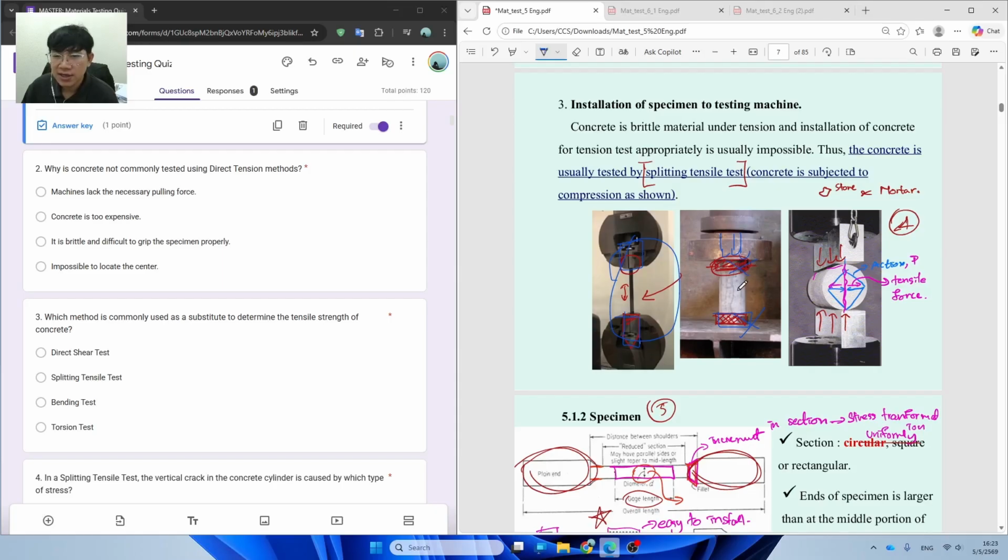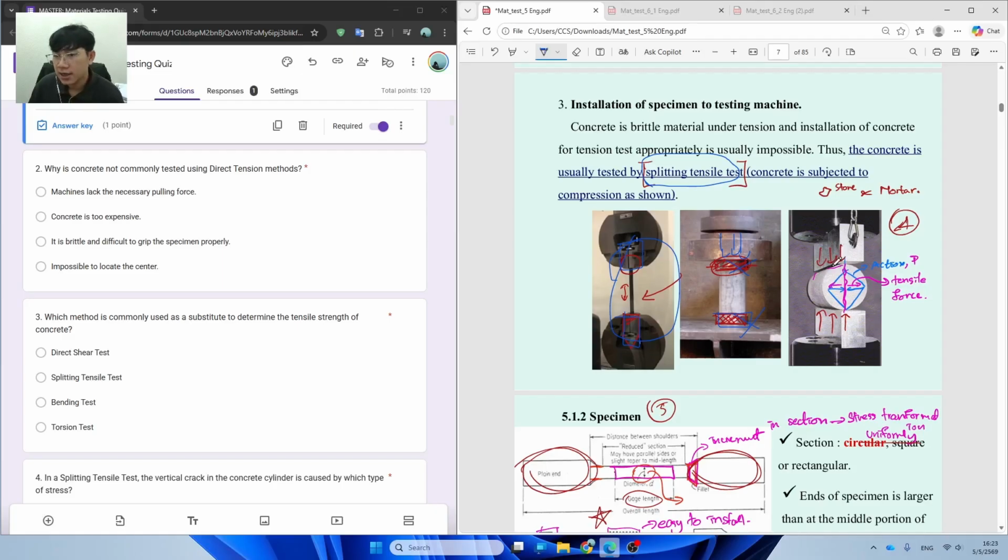So to get the tensile strength of the concrete, we use a test called the splitting tensile test, which is going to lay the cylindrical sample like this on the figure on the right, and then we apply a uniform load to the sample horizontally.